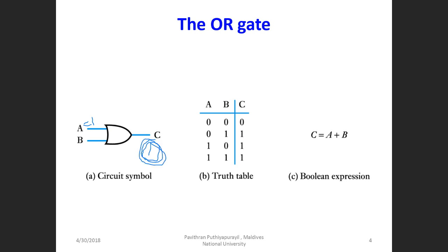Is this clear what I am trying to say here? If I placed 1 at any input of OR gate, then you will automatically get 1 at the output.